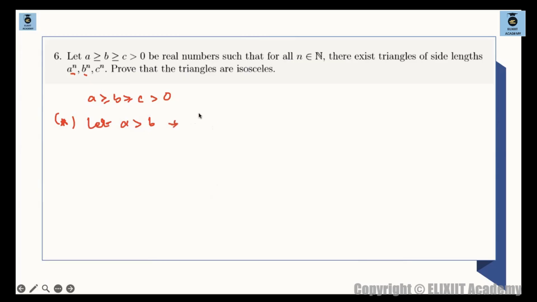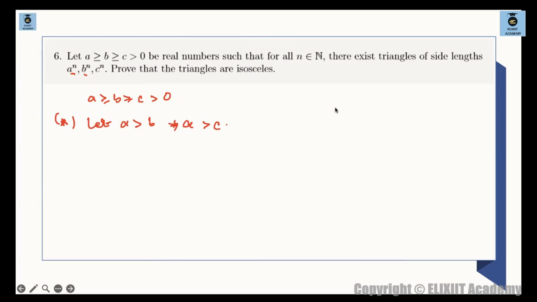We don't even need to consider the value over here. If A is more than B, automatically this will imply A is more than C, because of this condition given.